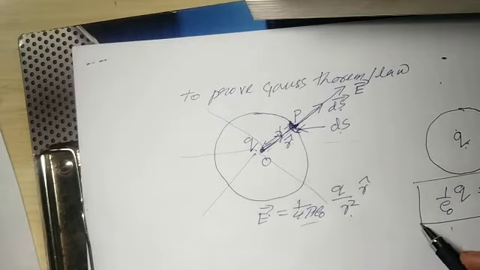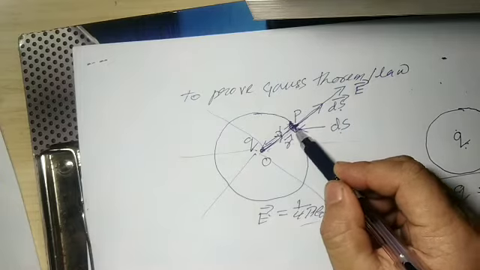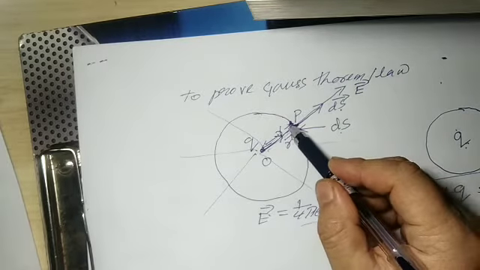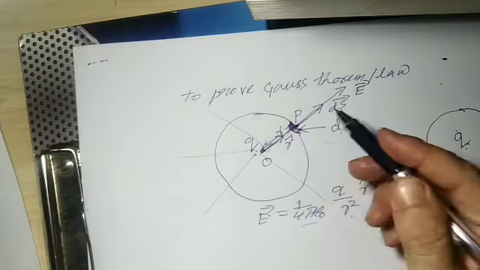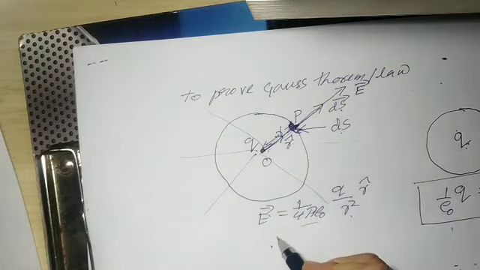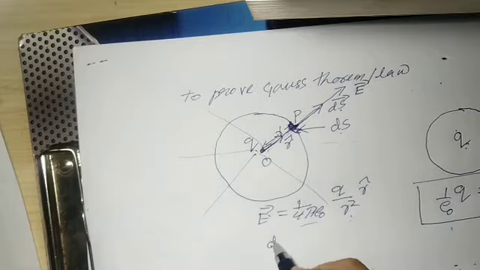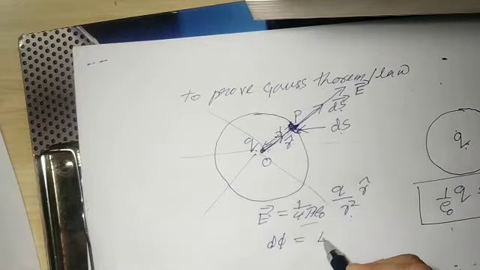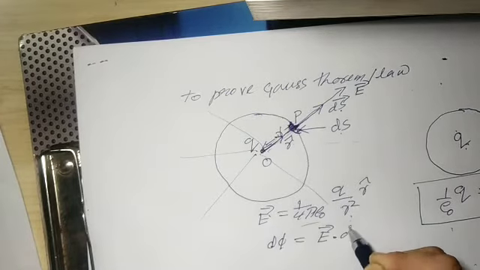Okay, now the electric flux at this surface, since this is a small surface, will be small. d phi equal to E dot dS.